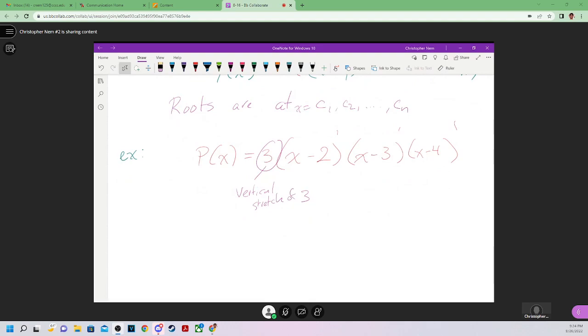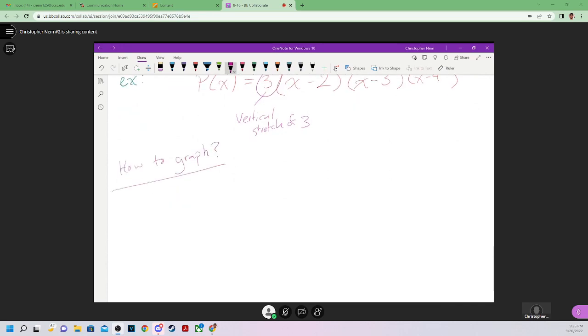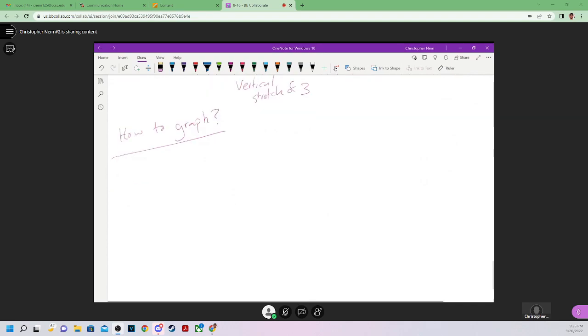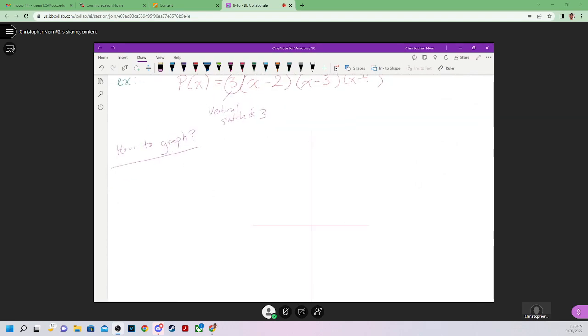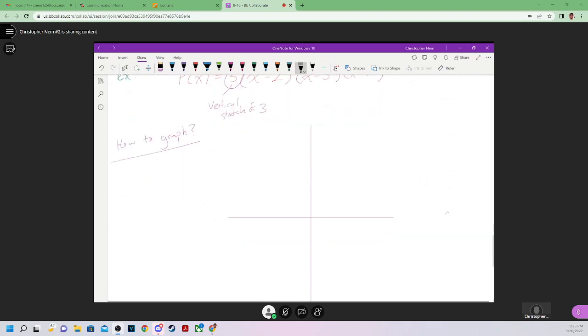Now, how do we graph this? This is very important. If I were to draw a coordinate plane of this, I have to consider a few things. First, end behaviors.